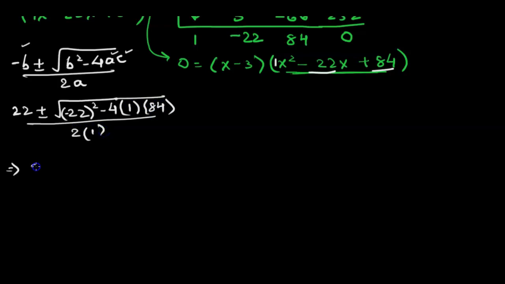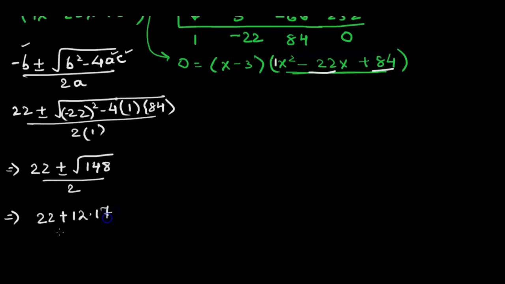When we solve this, we get 22 plus or minus the square root of 148, divided by 2, and this would give us two factors. One we get by adding 22 and 12.17, that is the square root of 148, and dividing the whole thing by 2. The other we get by subtracting 12.17 from 22, and dividing the whole thing by 2.